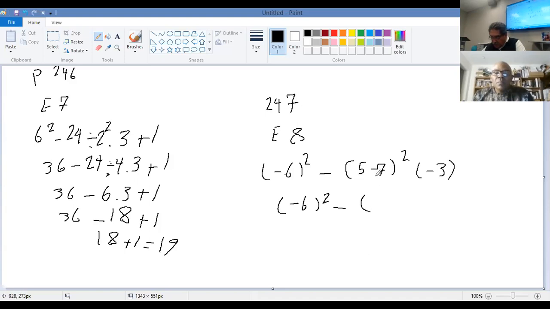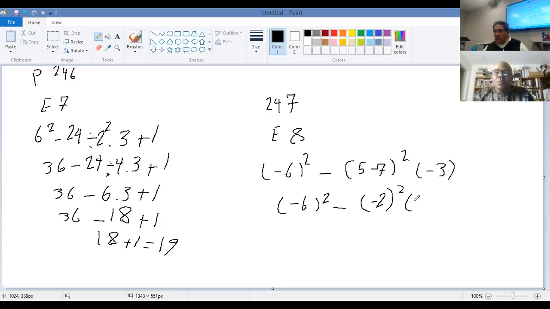5 minus 7. Okay, these are two integers with different signs. This is plus, this is negative. What should I do? I subtract. 5 minus 7 is 2, and negative 2, because the bigger number is negative.